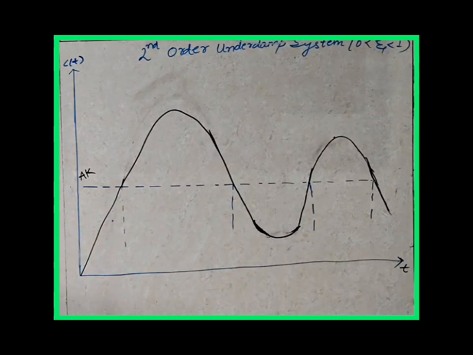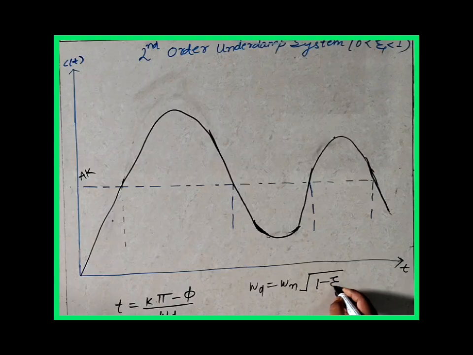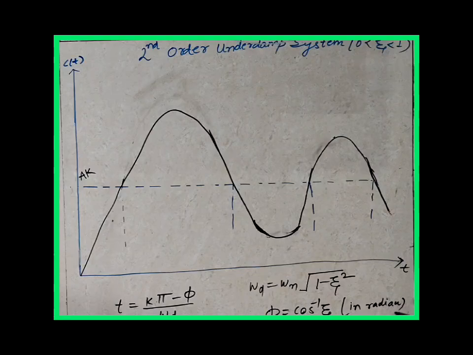The formula of the time is k pi minus phi divided by omega d. You must be familiar with omega d. Omega d is equal to omega n under root 1 minus zeta square, and the value of phi is cos inverse zeta in radians.